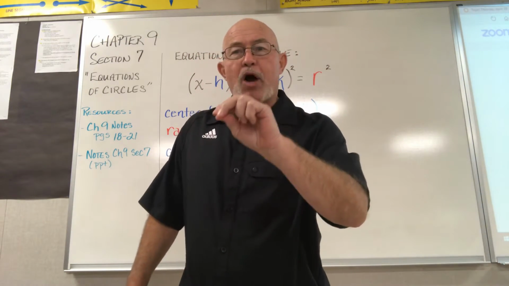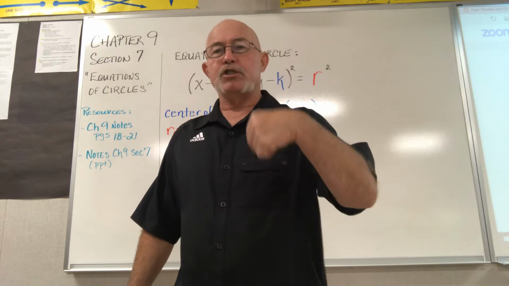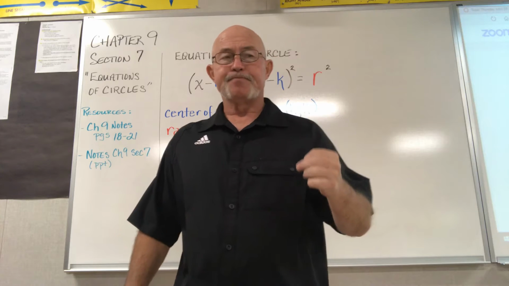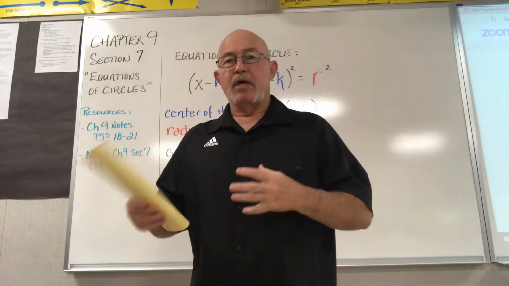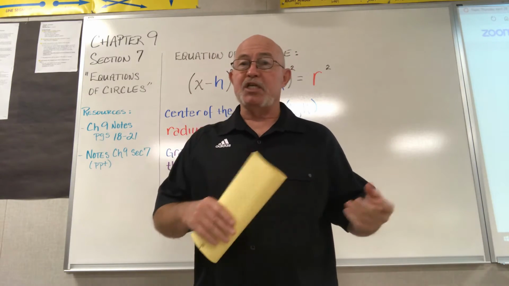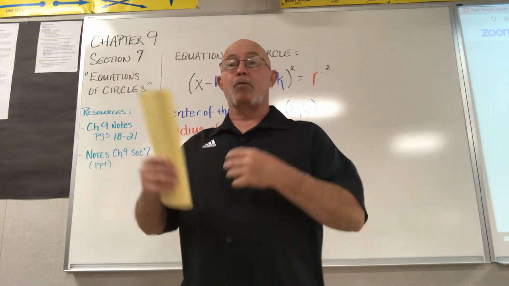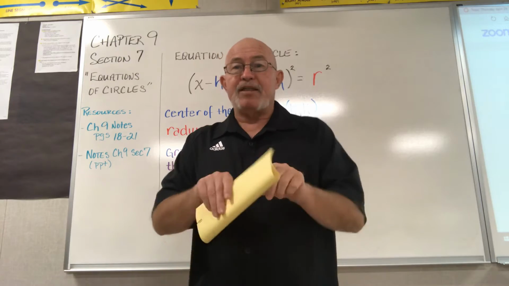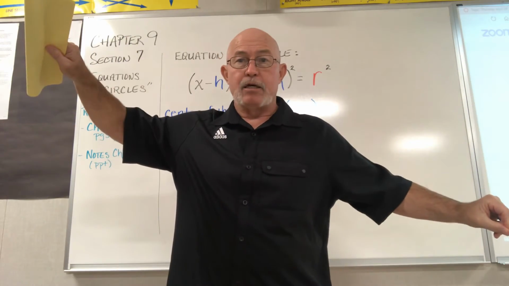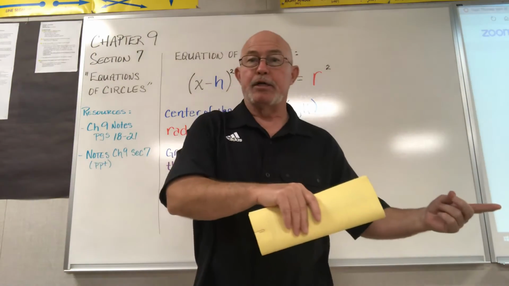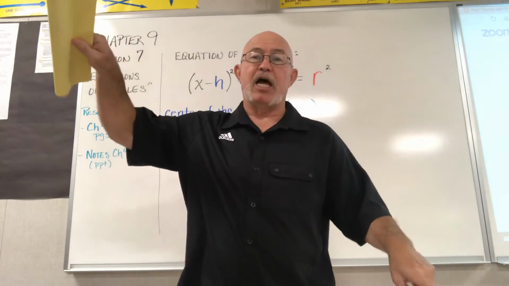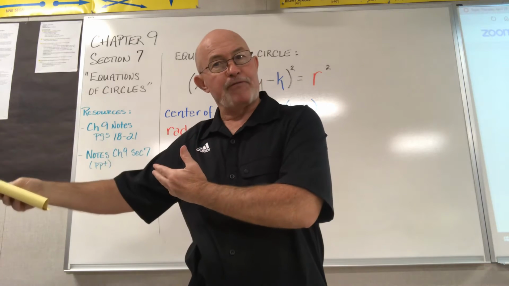I want you to think back when you first encountered the equation of a line. AX plus BY equals C, or the point slope form, Y equals MX plus B, and you realized that the actual line was the solution. You weren't finding a bunch of things, because every point on the line was part of the equation.